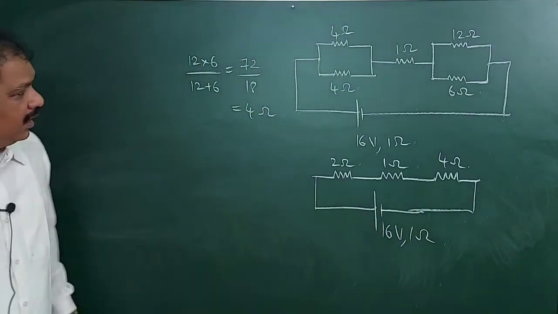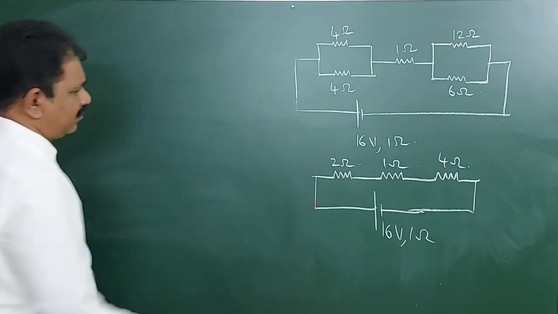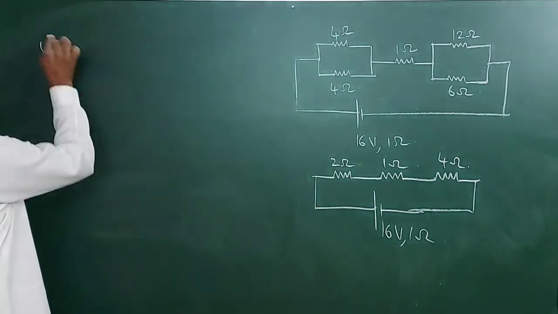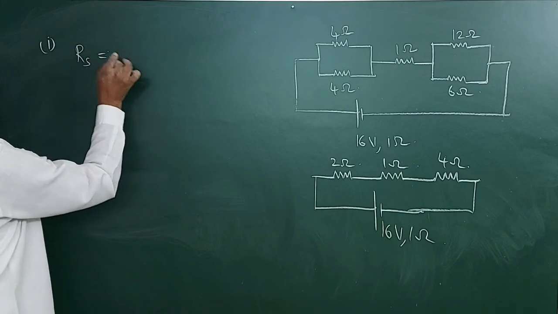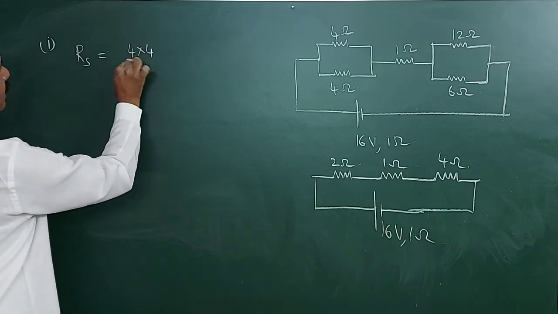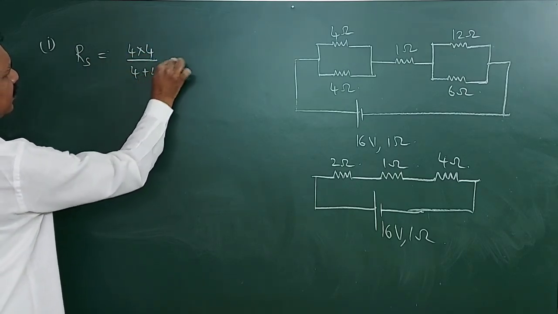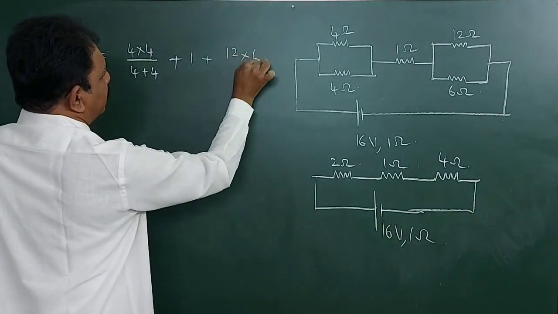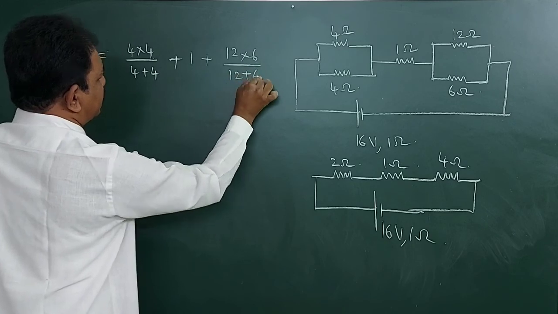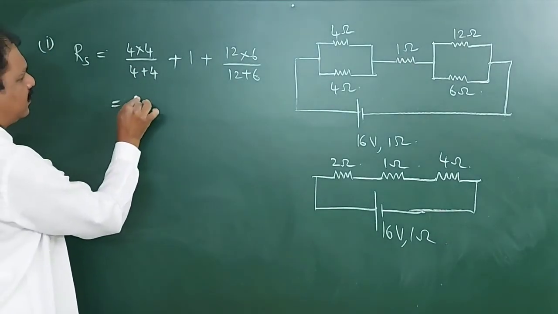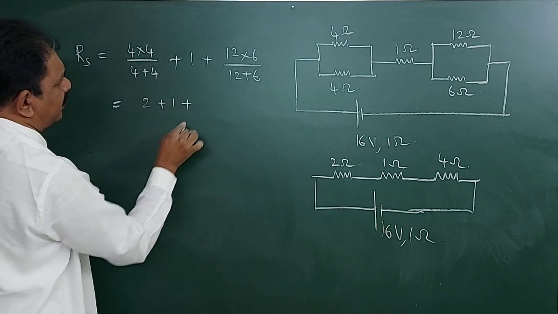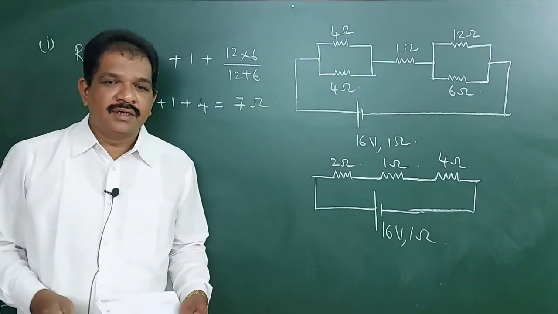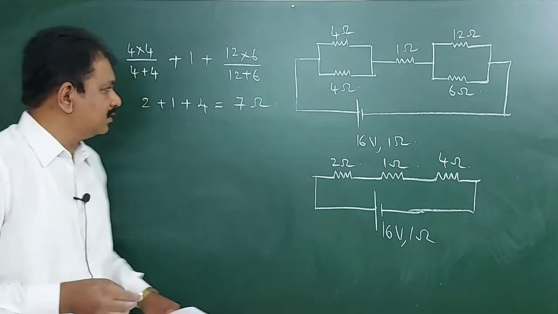If we write the effective resistance, Rs is equal to 4 into 4 by 4 plus 4, plus 1, plus 12 into 6 by 12 plus 6. So this will be 2 plus 1 plus 4. This will be 7 ohms. That will be the effective resistance.